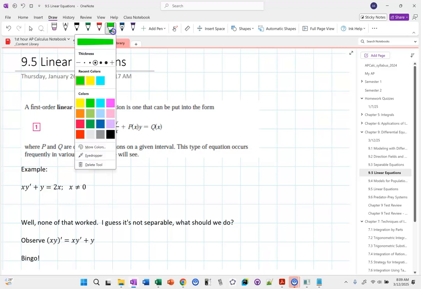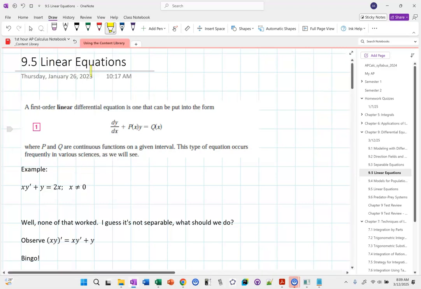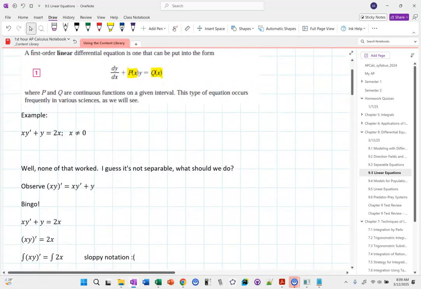Keep in mind that when we say p of x and q of x, that could just be a constant also, right? Like f of x equals 3 is still a function of x, right? So it could be something super simple even. All right.